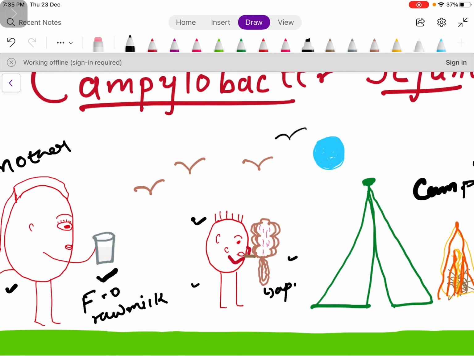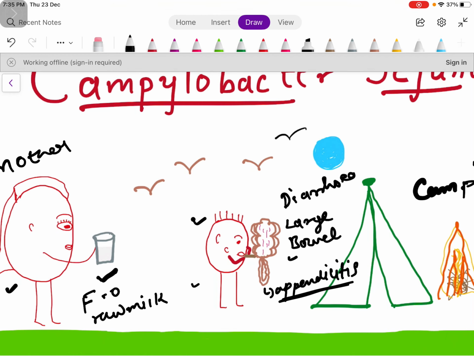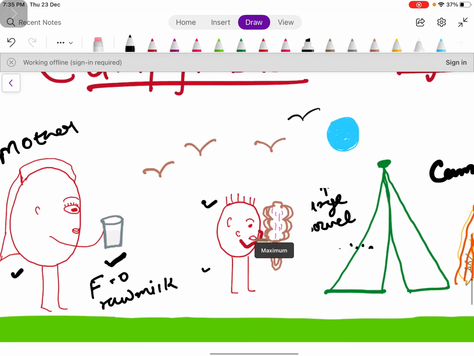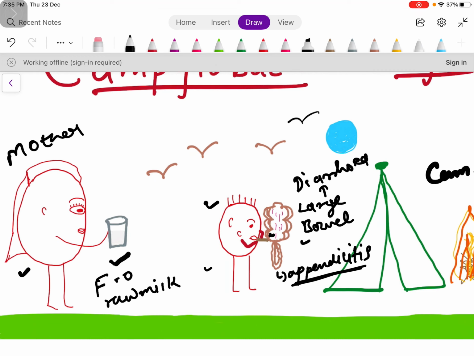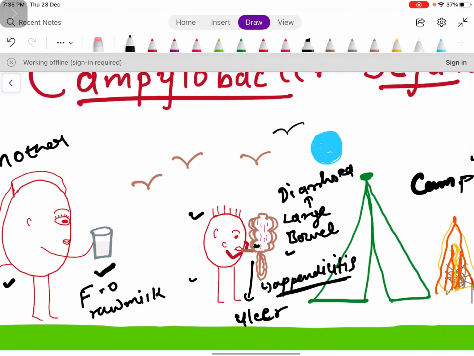With this appendix figure you can remember that it mimics appendicitis, and it affects the large bowel and can cause diarrhea, right? Then these red strips which are drawn inside will help you remember the ulcer. This Campylobacter jejuni can also cause ulcer. So basically this bacteria is eating our intestine. Okay, so this way you can remember.